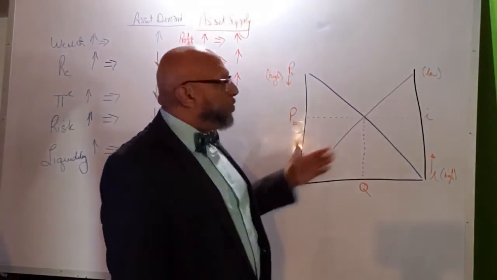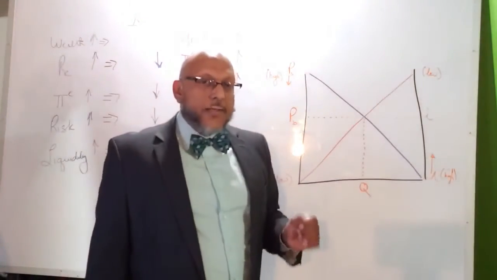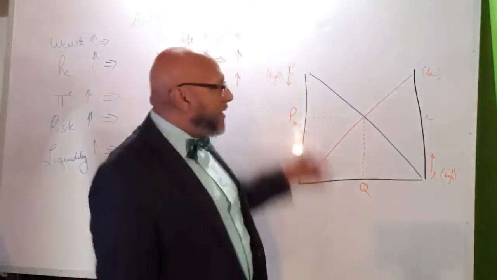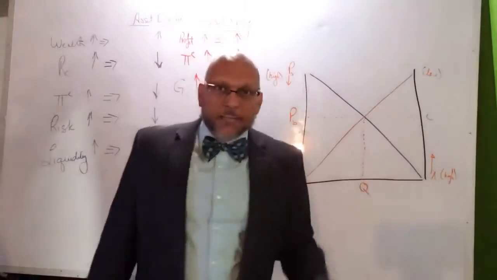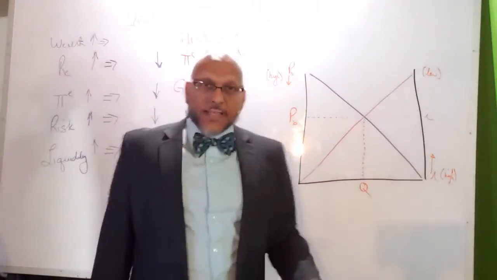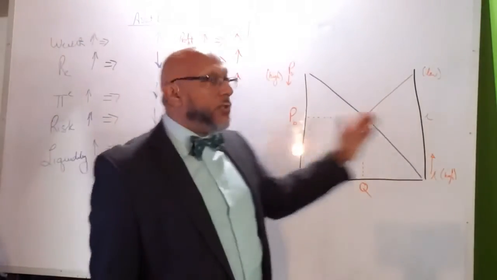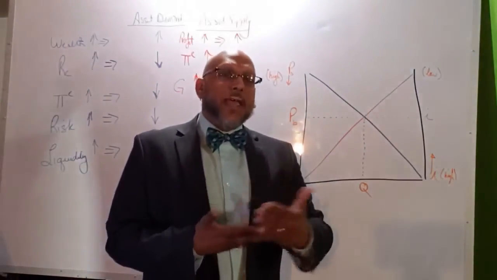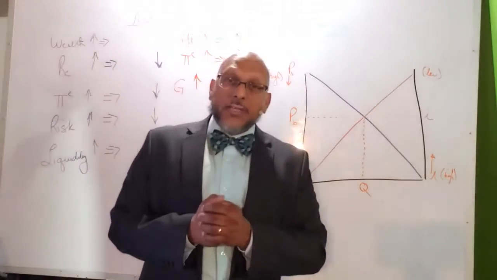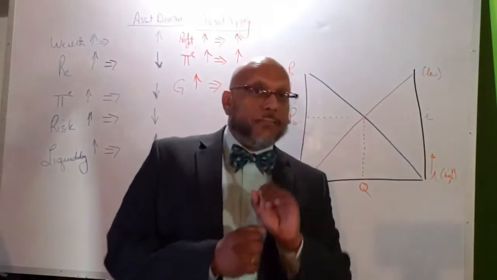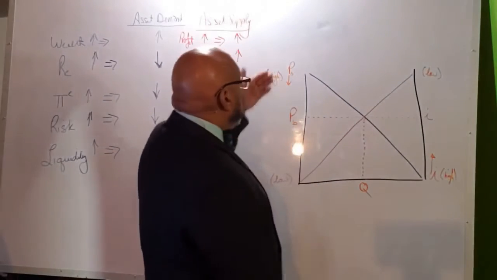Now, I have two different axes here versus your typical, if you remember back in micro, there was only one that was price and quantity demanded or quantity supplied or quantity on the x-axis and the y-axis. But I have two because there is a relationship between the price and the interest rate or the rate of return, not expected, but the rate of return of that investment.